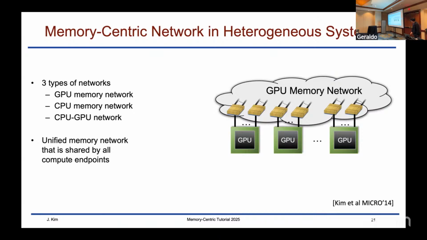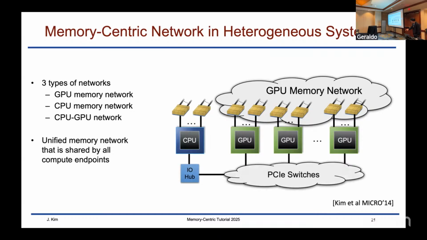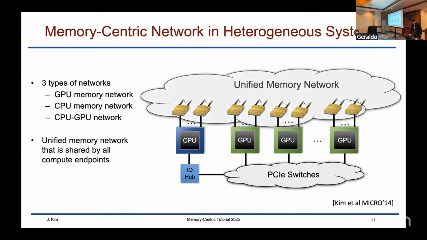Here you might have a GPU system with its own GPU memory network. Then you have your CPU with its own memory. And then you have a CPU and GPU connected with its own network. So you have essentially three separate networks connecting up this heterogeneous system. Well, do you really need that if you can afford to have a unified memory network?